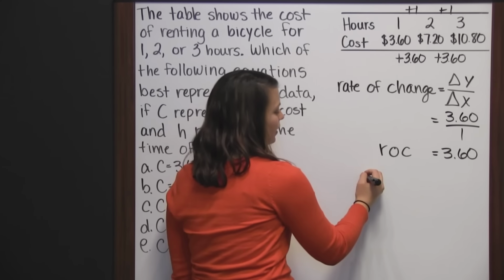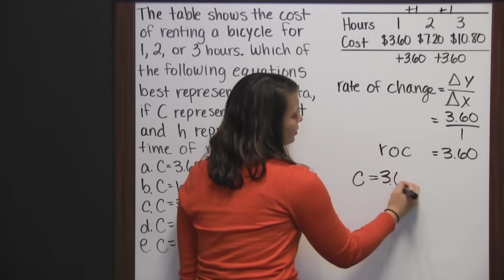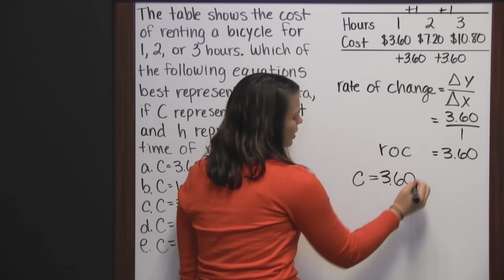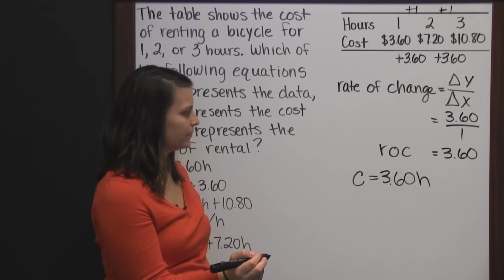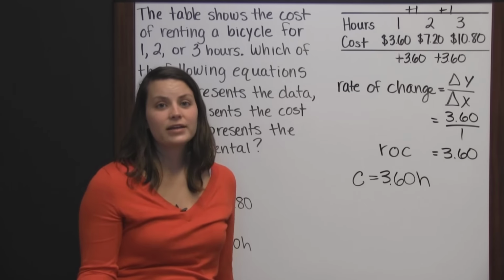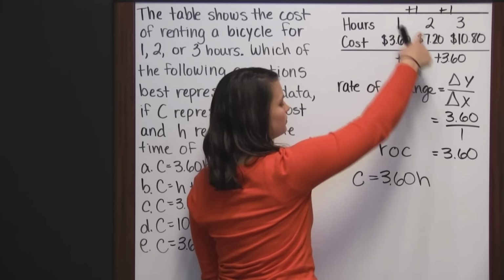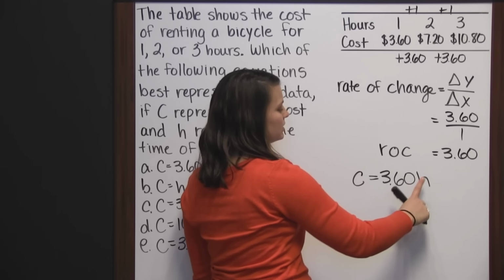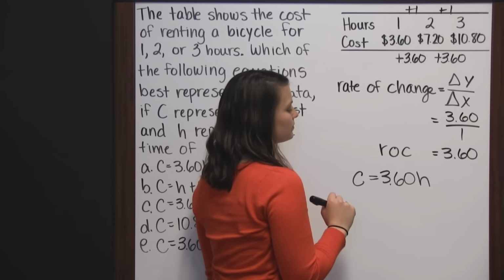So I've now found that the cost is equal to $3.60 times my independent variable of H. And then we can check and see if it works. Let's replace H with 1. $3.60 times 1 is $3.60.